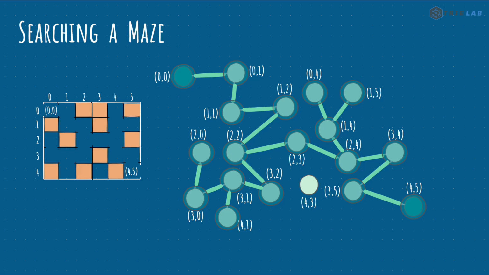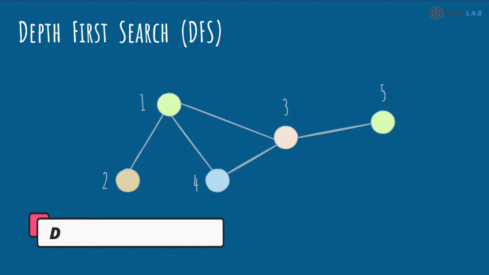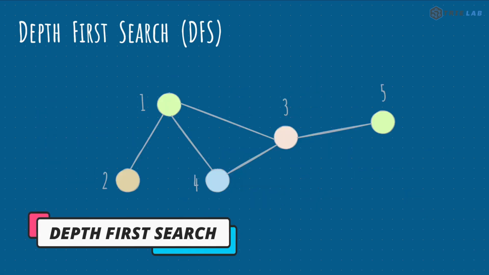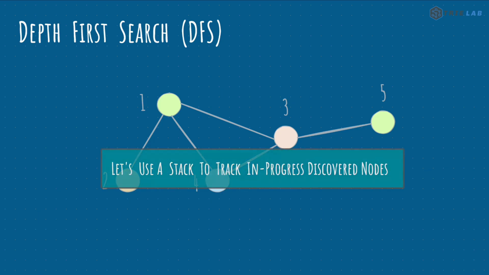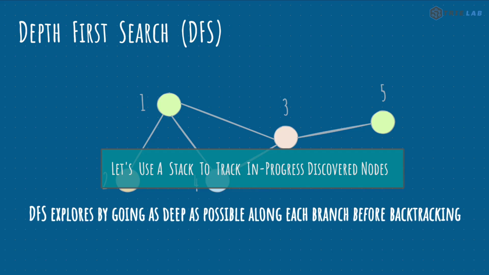And now let's shift gears and look at a completely different approach of graph traversal, the depth first search algorithm. Now depth first search algorithm is fundamentally different from breadth first search algorithm in the way it explores the graph. While BFS explores the graph level by level, depth first search tries to go as deep as possible along a path before backtracking.